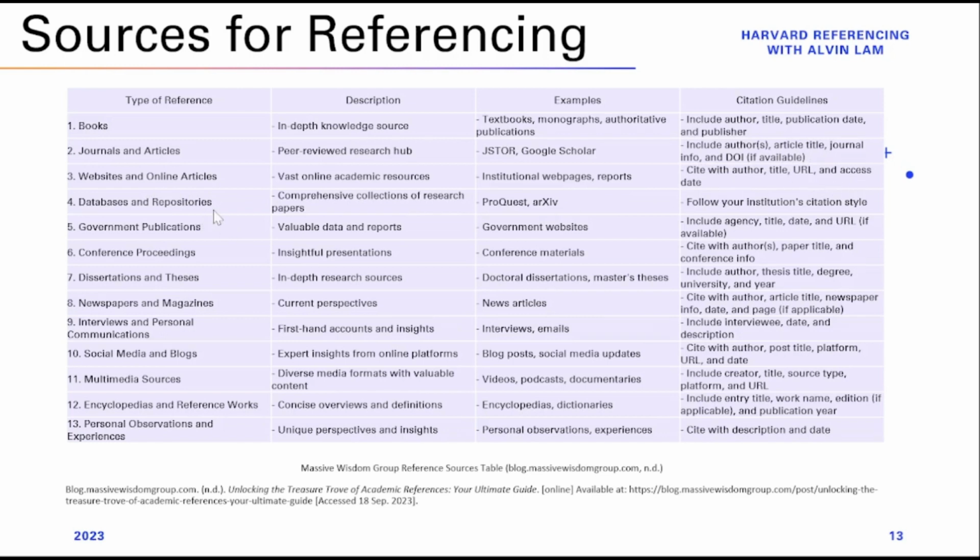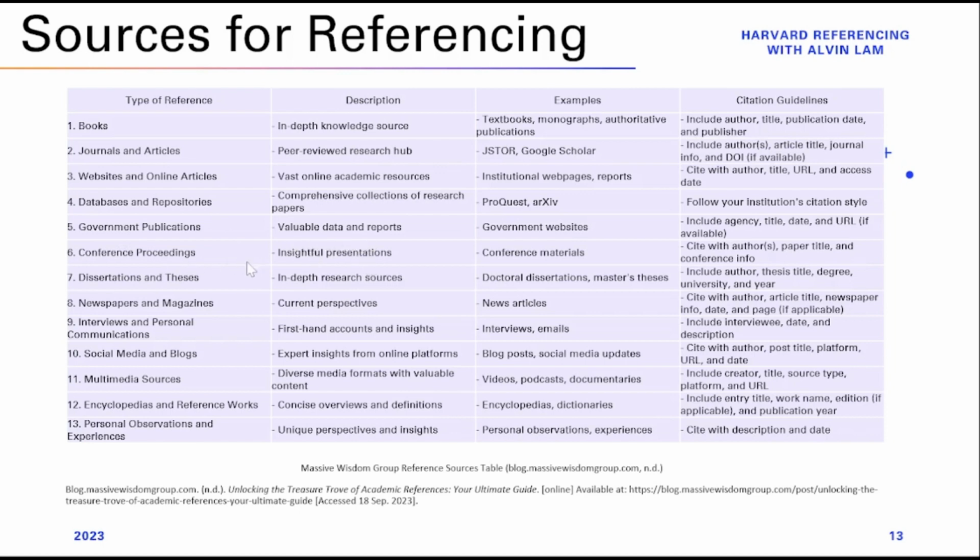Then we have databases and repositories, right, which contain a rich collection of research papers. And if you have access, like ProQuest, you will be able to actually use them. Then we have publications from government, which may provide you valuable data and reports.